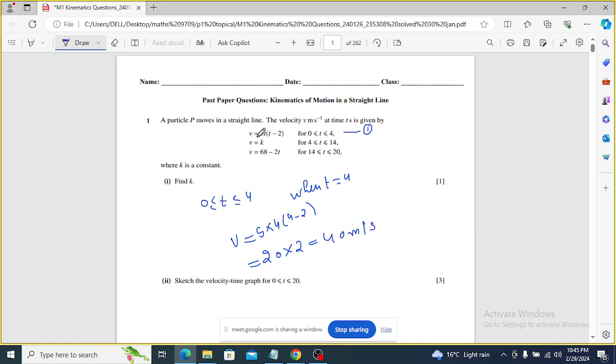But he said in second equation your v equals k. If v equals k and v is 40, then you can say the k is also 40. So our answer for k is 40. यहाँ तक समझ आई?